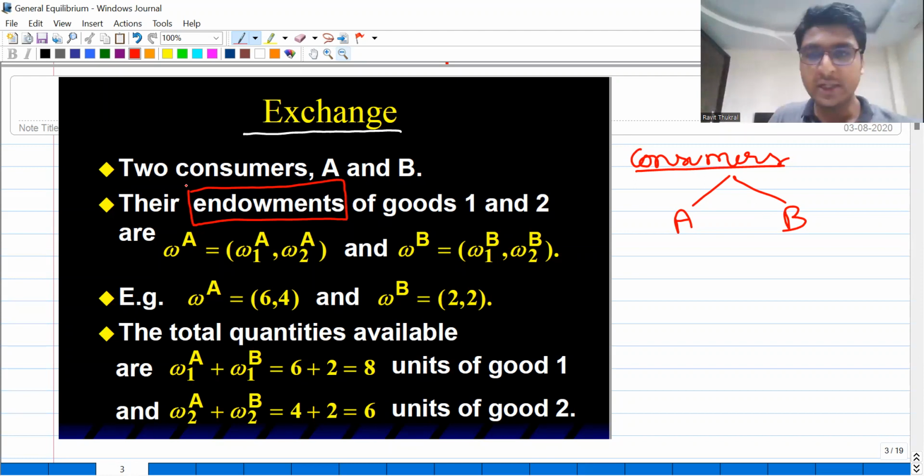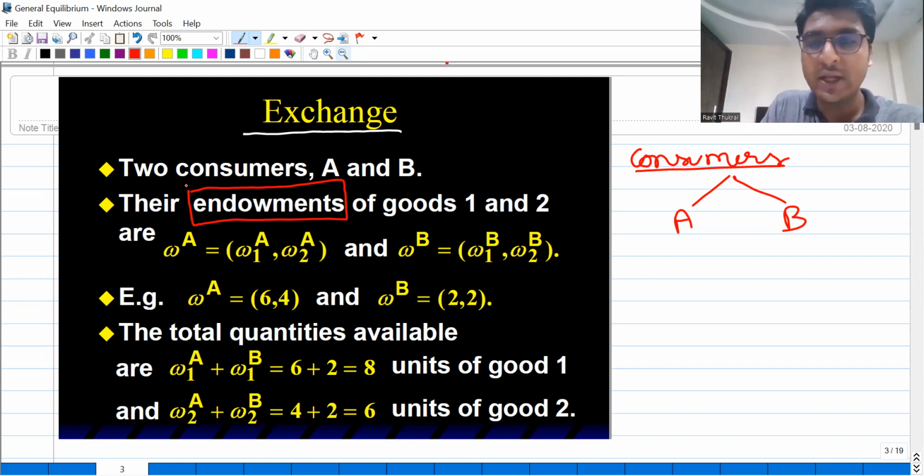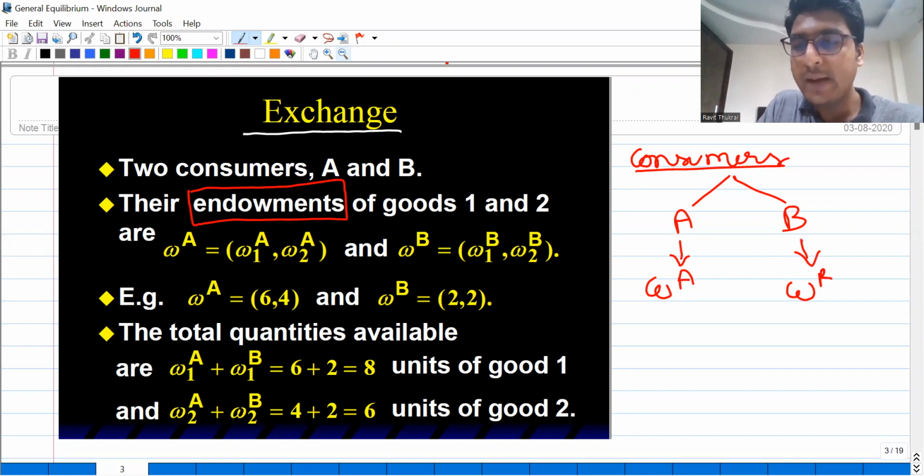Both the consumers have their initial amounts of good 1 and good 2. And we are calling it omega. So omega A is the endowment bundle of consumer A, and omega B is the endowment bundle of consumer B.